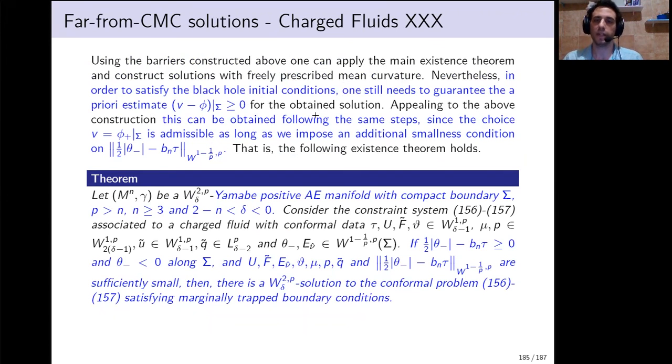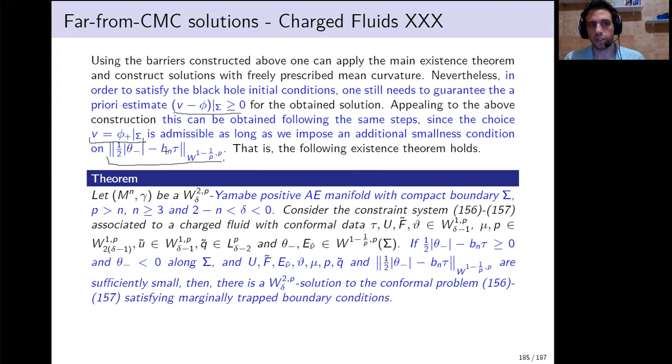And one thing that we have still to guarantee is that this a priori bound is satisfied. Basically, under close inspection, one can see that the above construction works if one fixes a priori V equal to the super solution. But this is at the expense of demanding that this difference has to be small enough.